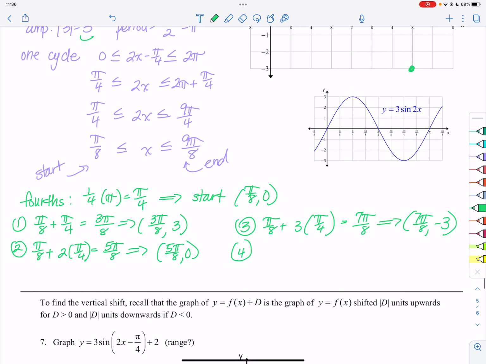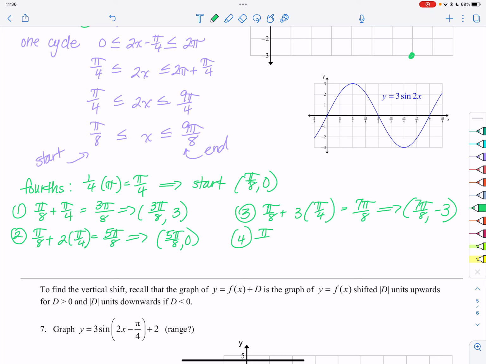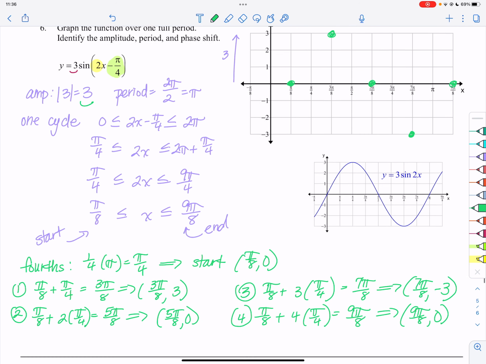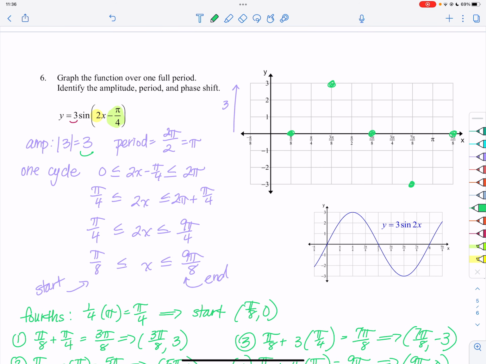Okay, and then finally, we'll be at pi over 8, and we're going to add 4 pi over 4s, which is just adding pi. And that gives us 9 pi over 8, and now we have 9 pi over 8, 0. Okay, so now we can sketch this graph.